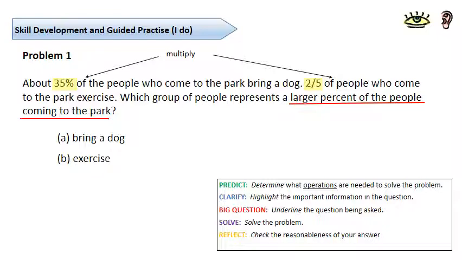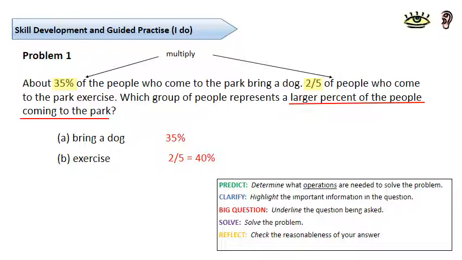You've got people bringing a dog and people exercising. Bringing a dog's already in a percentage. That one's easy. But the next one, 2/5, we need to convert it into a percentage, so we're comparing percentage with percentage, not percentage with fraction. So when you convert that exercise to a percentage, you get 40.